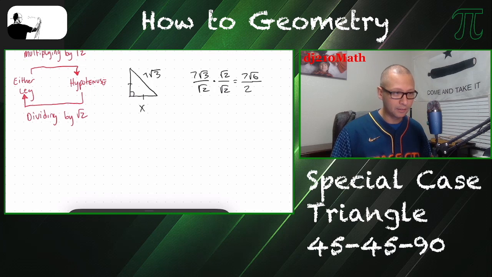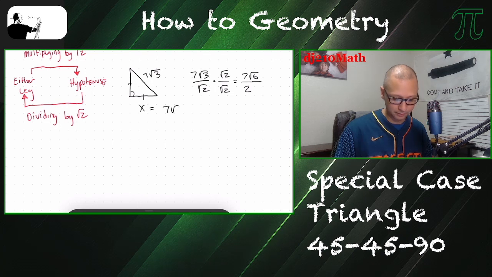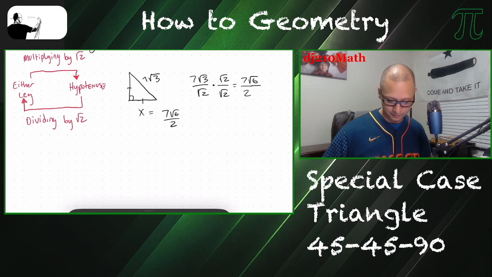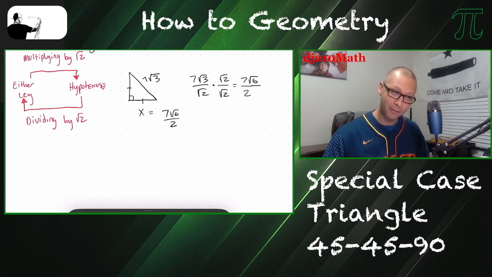So the leg for this particular triangle is 7 root 6 divided by 2. Nice little shortcut. So instead of having to do the Pythagorean theorem every time, if you notice that you're in this particular 45, 45, 90 situation, it does make a good shortcut, so to speak.